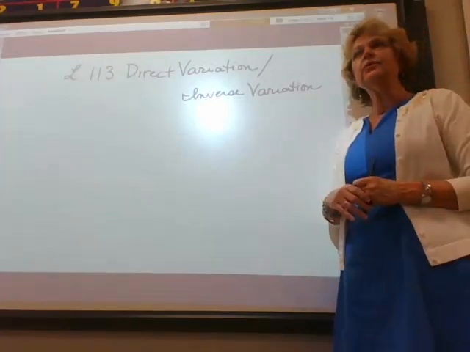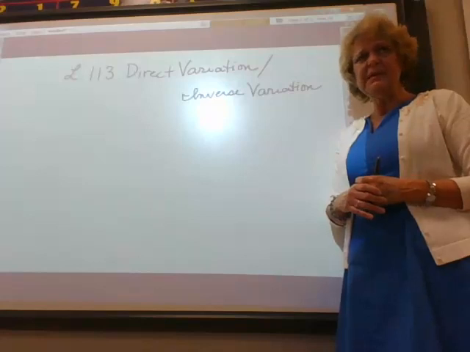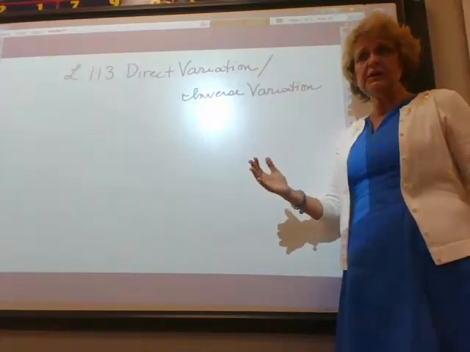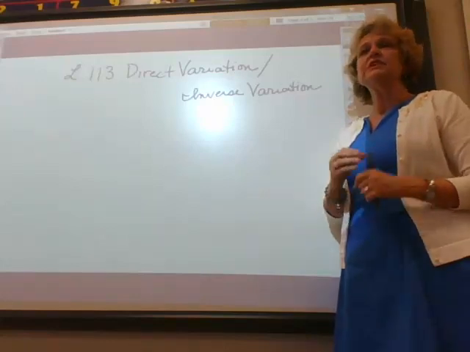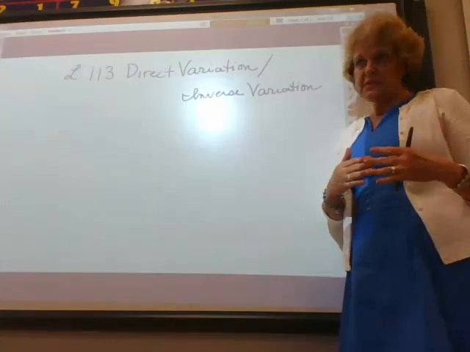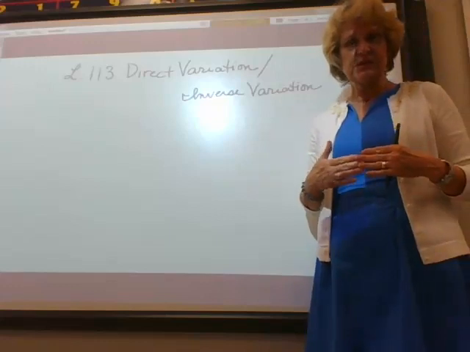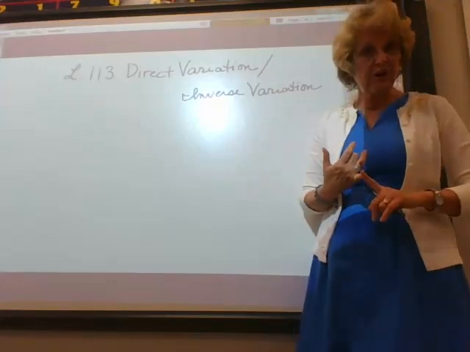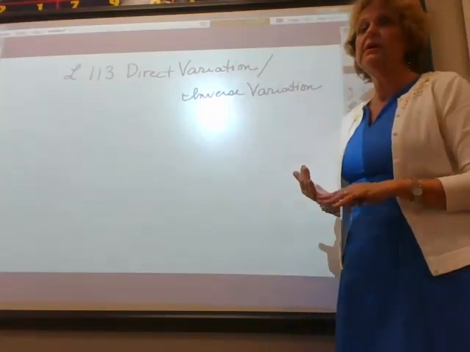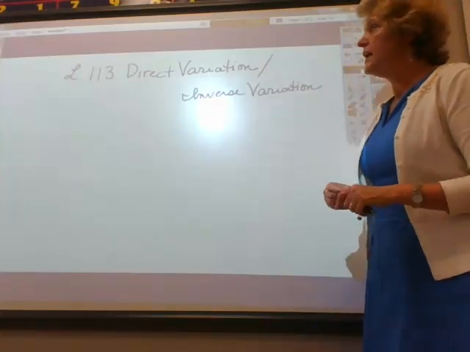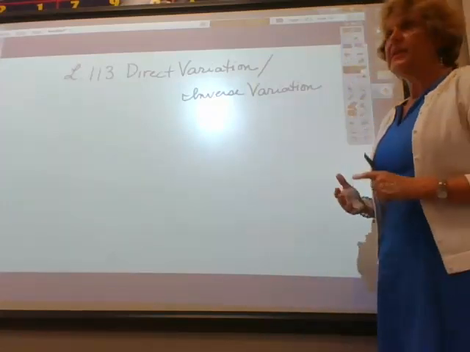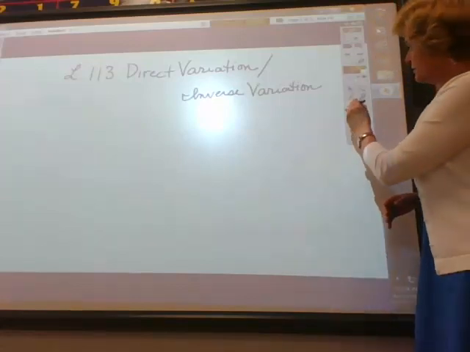Babysitting hourly, or maybe in a classroom for every one girl, there are 2 boys, okay? So there's a constant that doesn't change, like the amount that you charge for cutting the lawn, or the babysitting charge, or the price of the CD. So those are direct variation. And so we'll talk about those first.